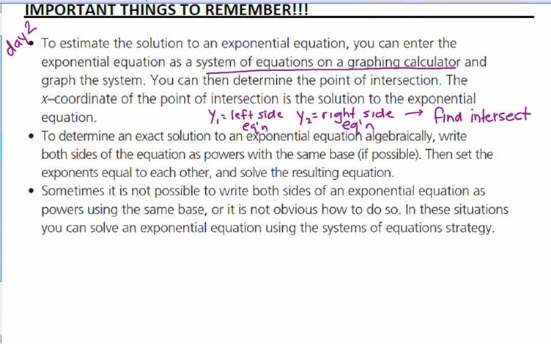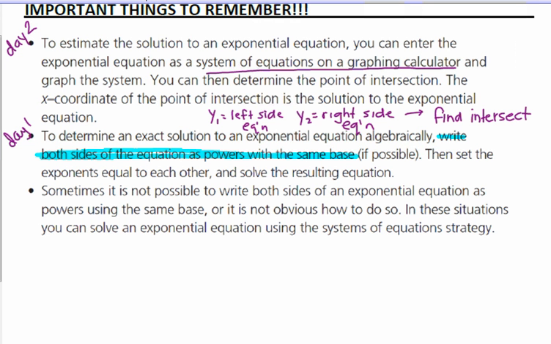Determine an exact solution to an exponential equation algebraically. So that's today, day 1. What we're going to do is write both sides of the equation as powers with the same base, if possible.